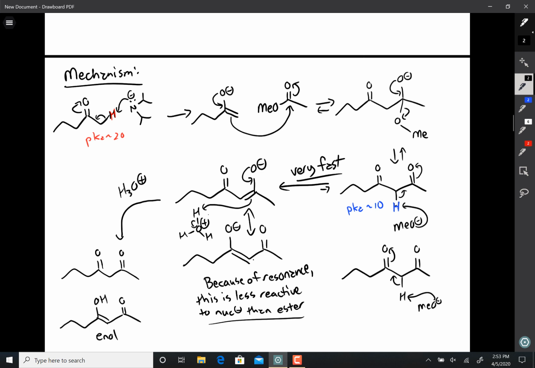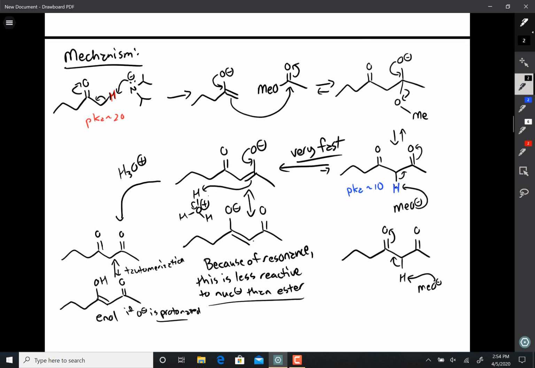The enol, in most cases, is less stable than the carbonyl, and it becomes a carbonyl by tautomerization.